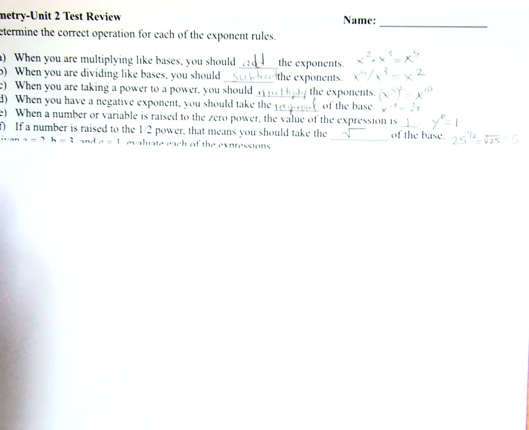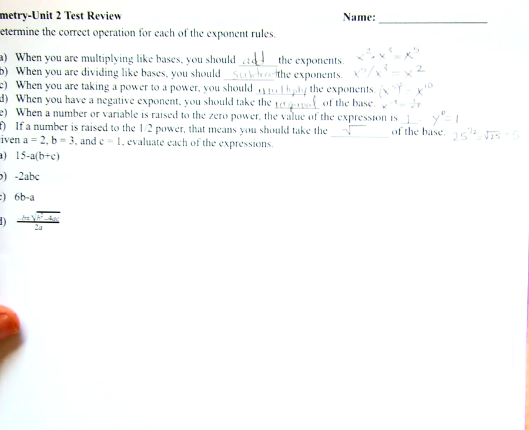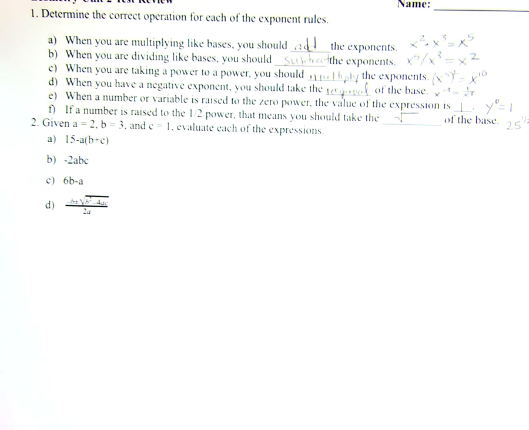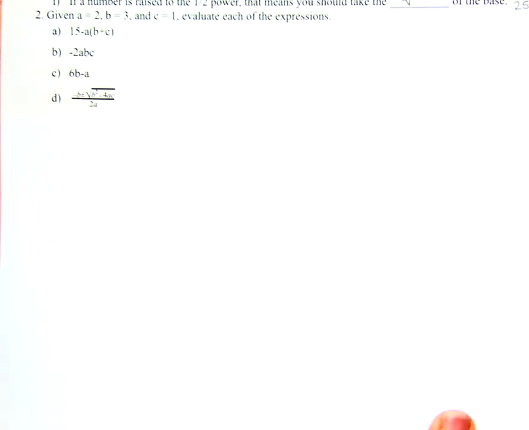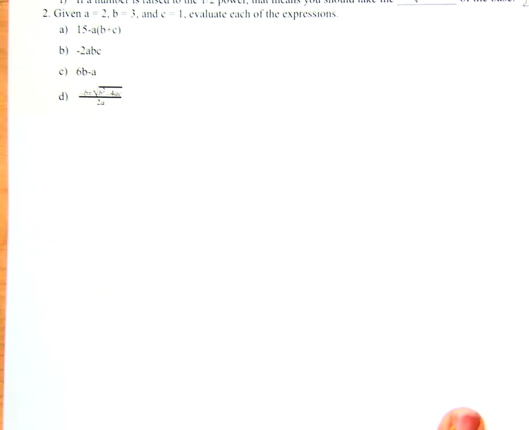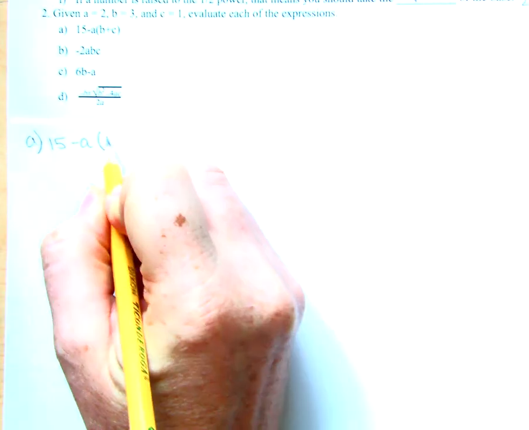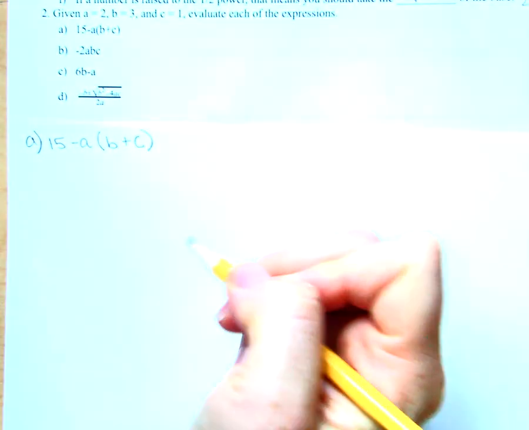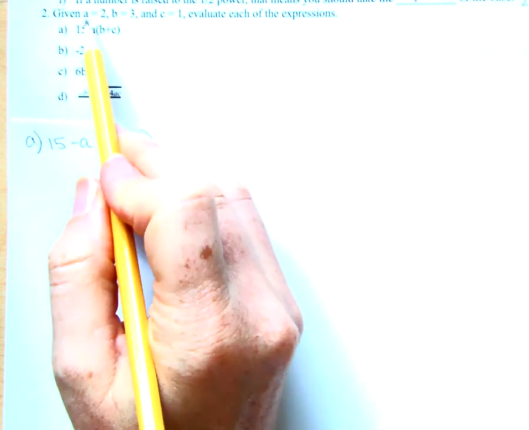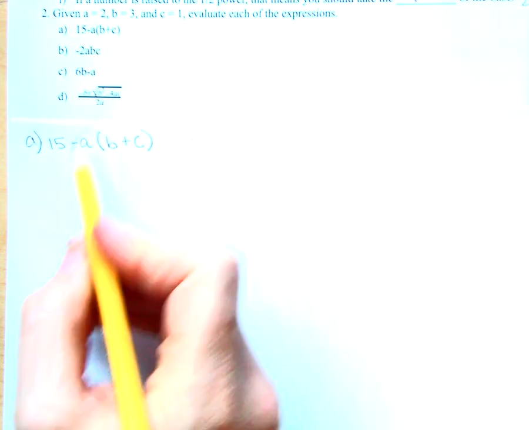Okay, so on to some examples now. Given A is 2, B is 3, and C is 1, we want to evaluate each one of these expressions. The first expression is 15 minus A times B plus C. I'm just going to plug in the numbers I know.